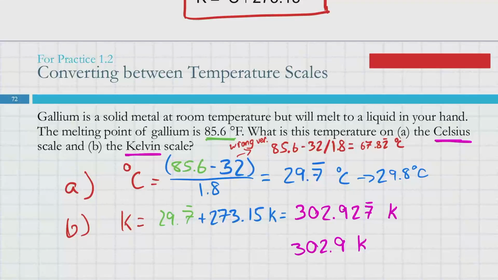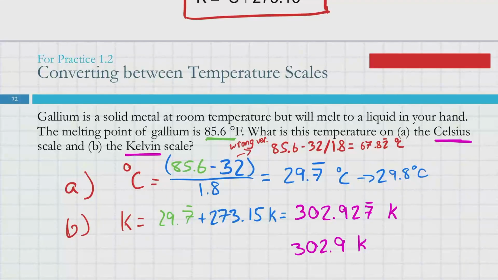When you do the whole math and you're trying to write down the answer, you're counting the sig figs because you're doing division. It looks like there's 2 sig figs, but the answer comes out to 3 sig figs. So 85.6. We subtract 32. It's a conversion. I'm assuming that the 32 is exact.